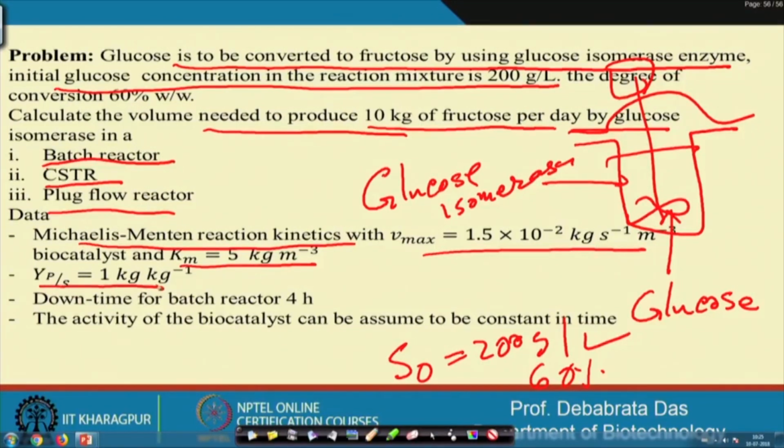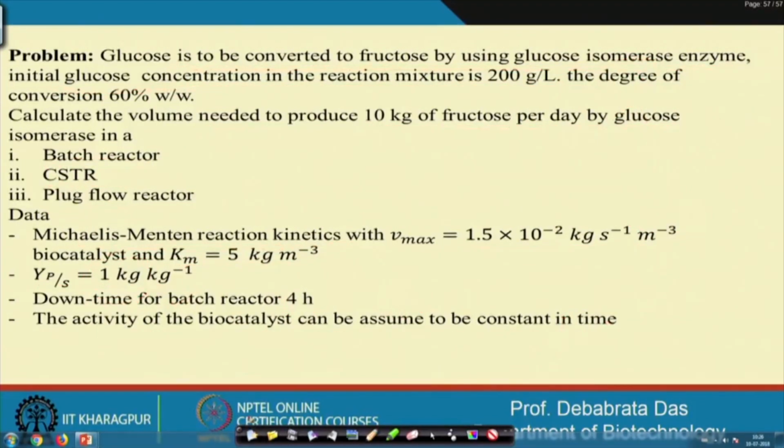The yield coefficient Y P by S means gram of product formation per gram of substrate consumed. This is 1. That means 1 gram of glucose gives 1 gram of fructose, and downtime is considered as 4 hours, and the activity of the biocatalyst can be assumed to be constant in time.